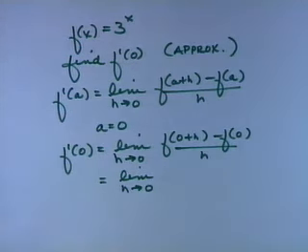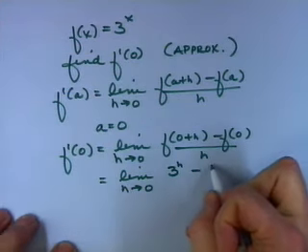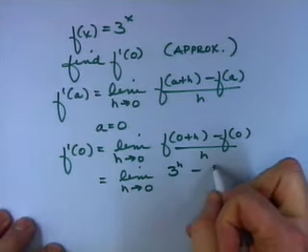So what is the f of 0 plus h? Well, 0 plus h is just h. What's the function with h replaced for the variable? 3 to the h minus the function with 0 replaced for the variable. 3 to the 0, right, which is 1.